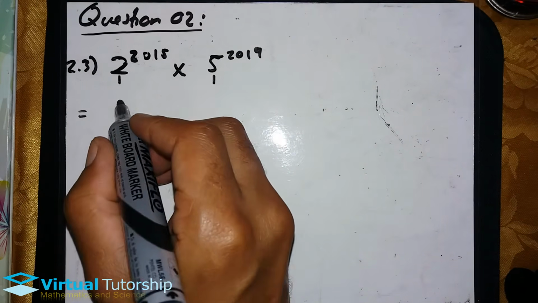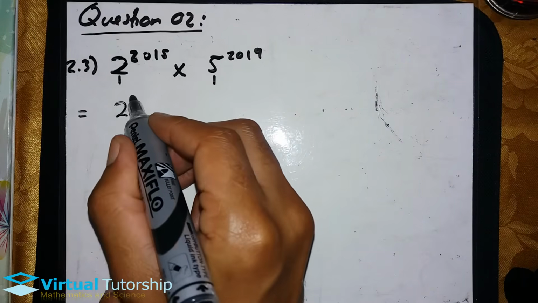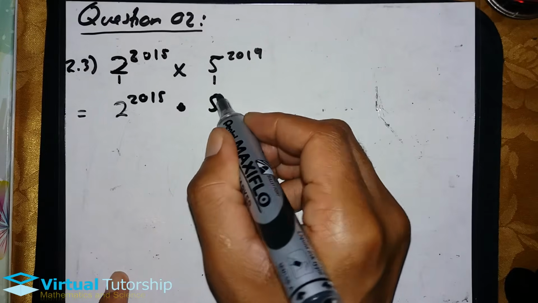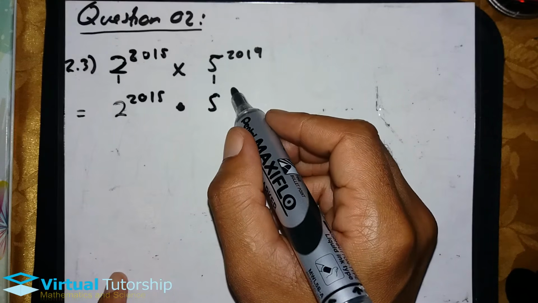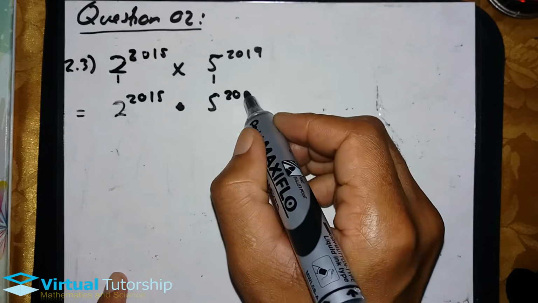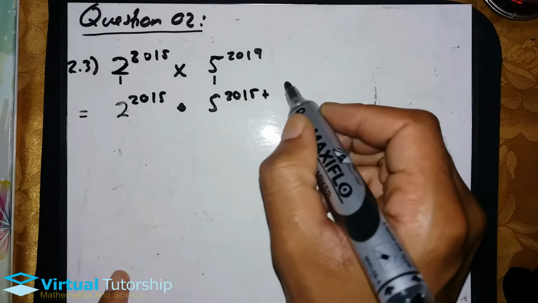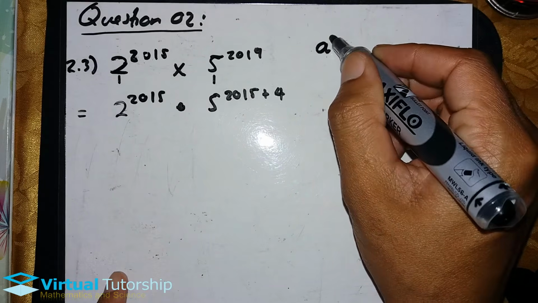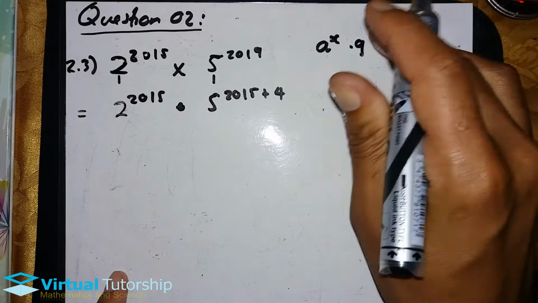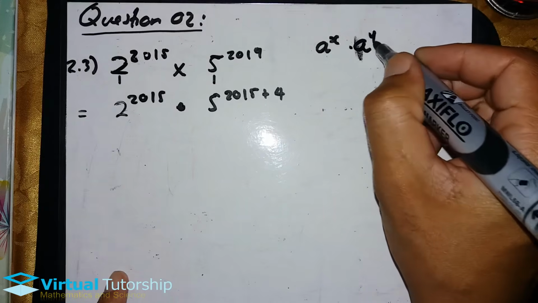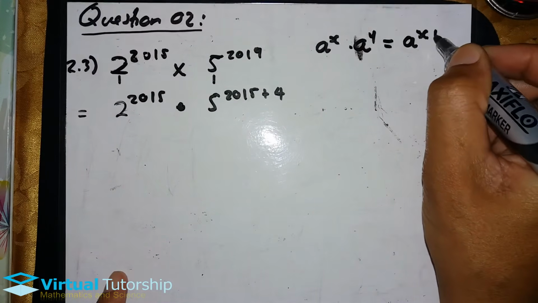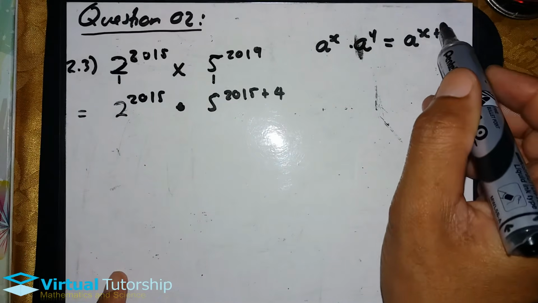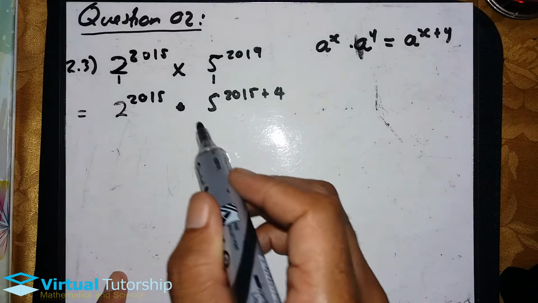Okay, let's write 2 exponent 2015 times 5 exponent 2015 plus 4. Exponential law: if you multiply powers of the same base, you add the exponents. But here we are working in the backward direction by doing this.